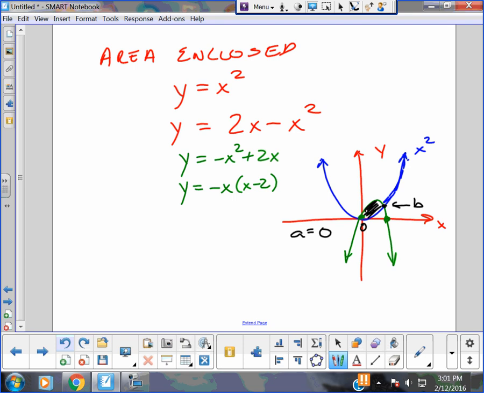But I wouldn't need that, because I could look at these two curves and say, hey, y equals y. So guess what? X squared equals 2x minus x squared. 2x squared minus 2x would equal 0 if I put everything onto the left, pull the 2x out.